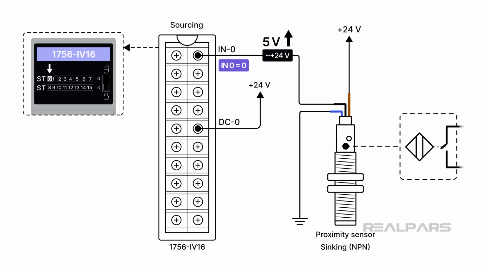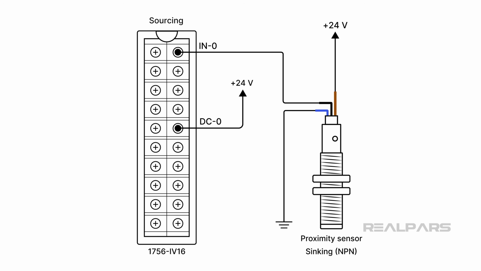According to the 1756-IV16 input specifications, an input voltage exceeding 5 volts will no longer be considered on and will be recognized as off. How can an input voltage rise above 5 volts when it appears to be grounded to 0 through the sinking sensor? It's often caused by high-resistance issues, such as corrosion at ground connection points or very long ground cable runs. This is a good place to wrap up.